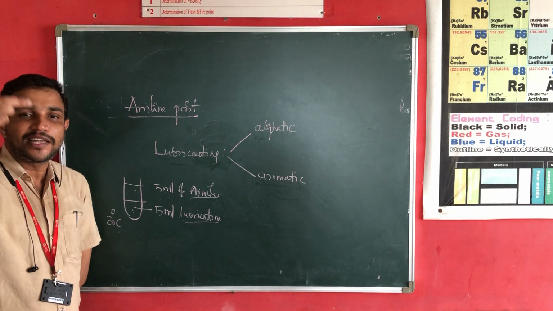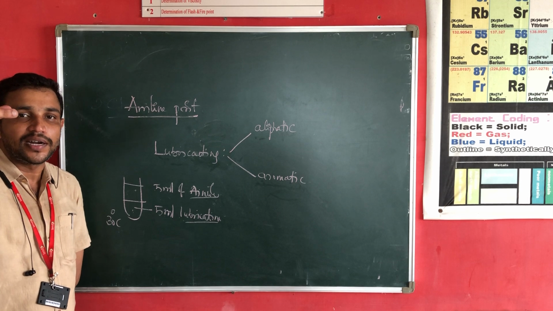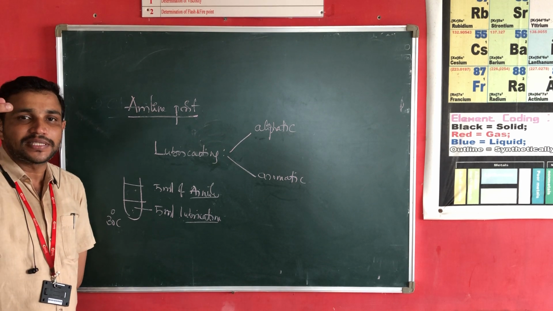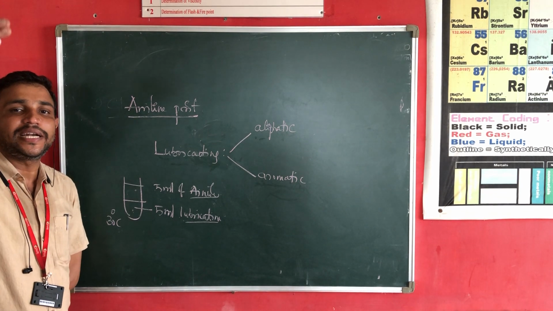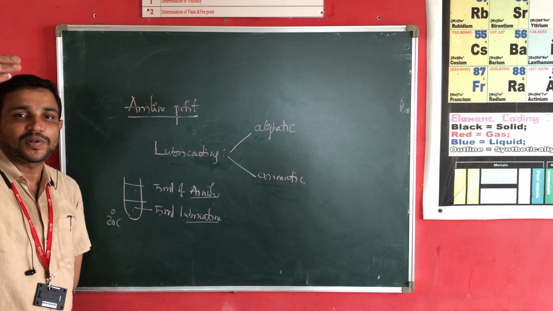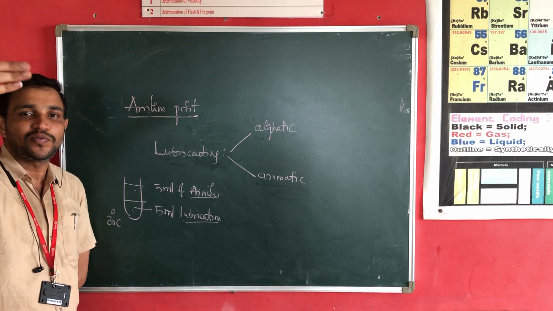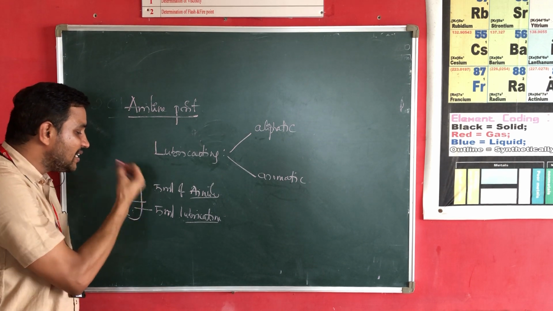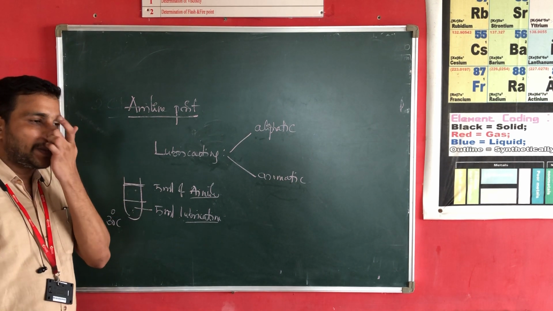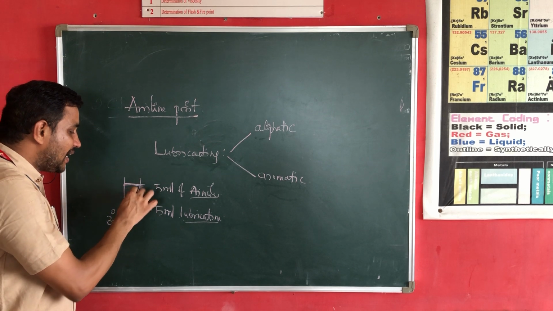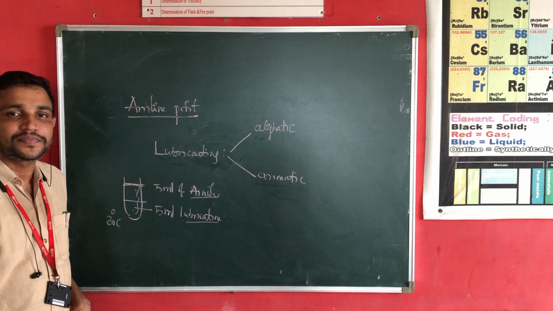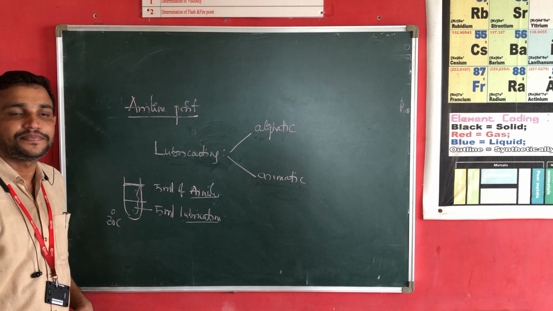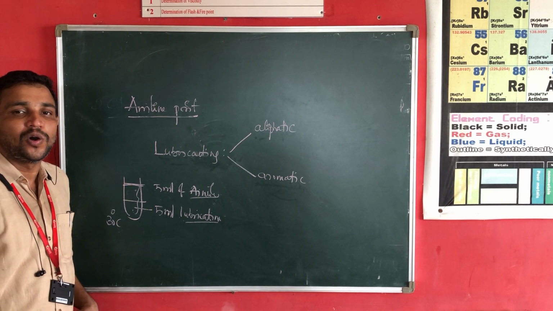Again check whether the two liquids mixed with each other or not. If not mixed, I raise the temperature to 32, 34, 36, 38, 40, 42, 44, 46, 48, 50 degrees. When I reach 50 degrees Celsius, then the two liquids become homogeneous.